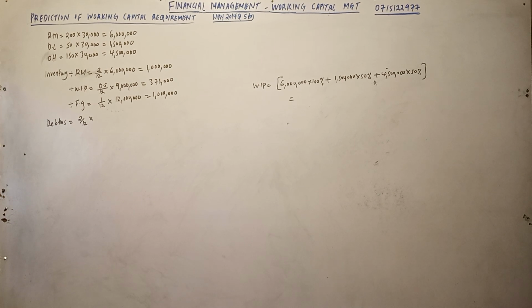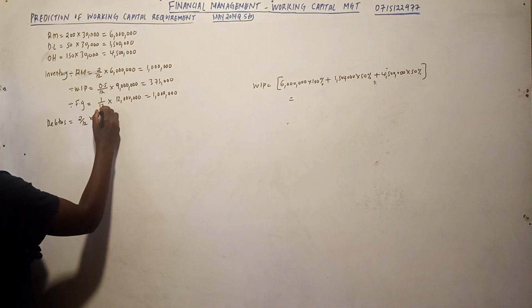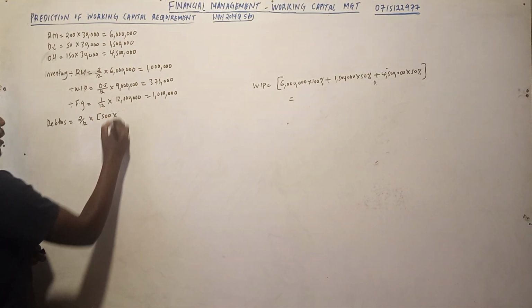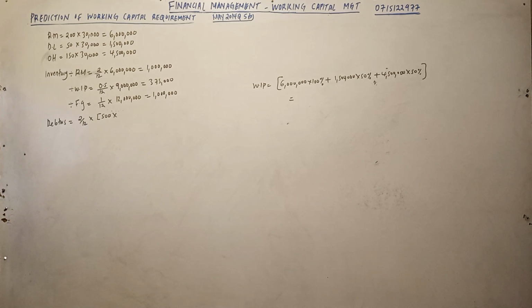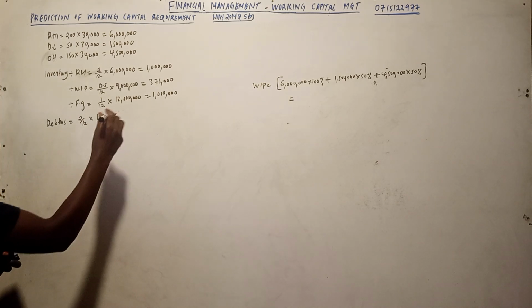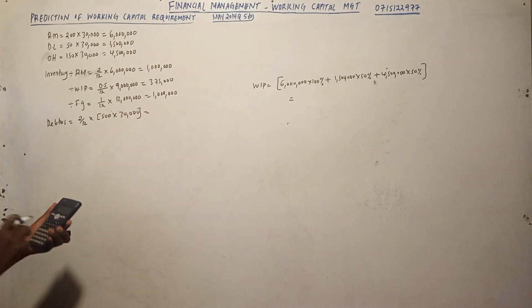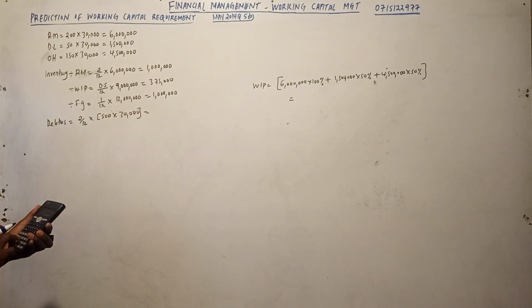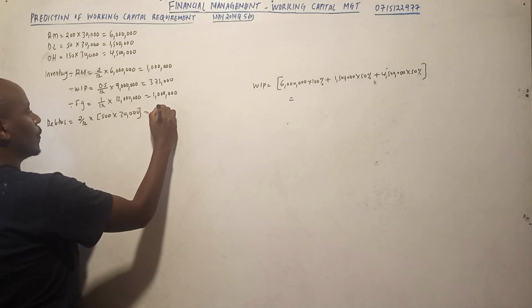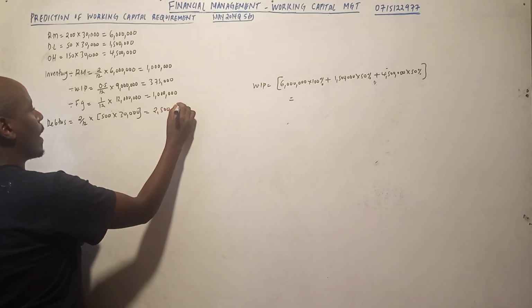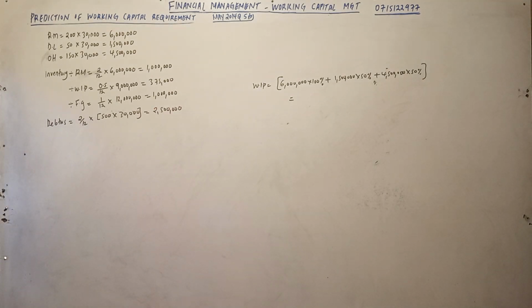You can see our selling price per unit is 500, times 30,000. So inakuwa ni 2 over 12 times 500 times 30,000, which is 2.5 million. Hiyo tumemalizana nayo hivyo.